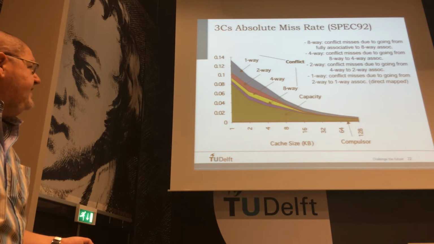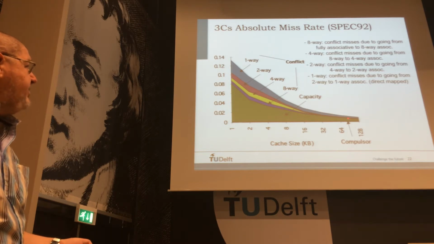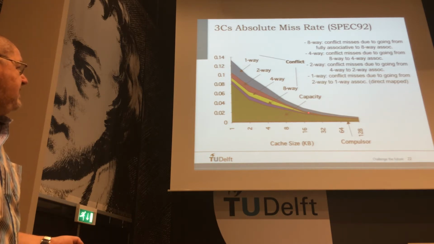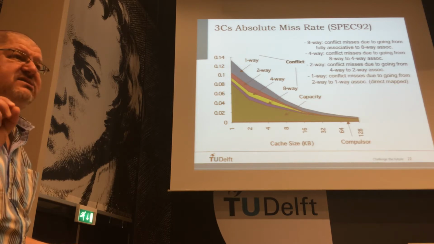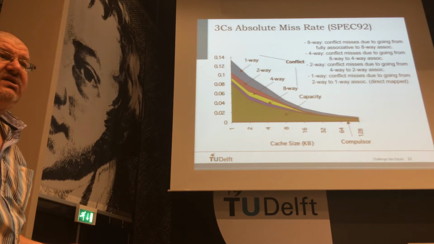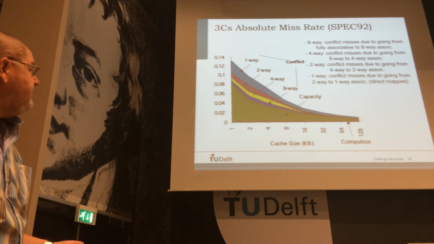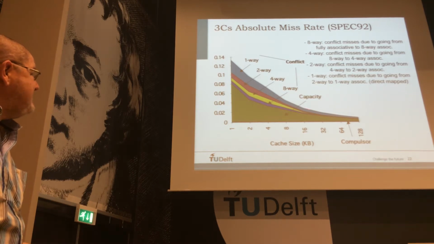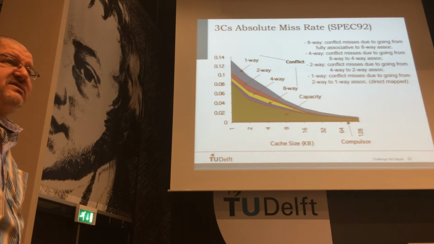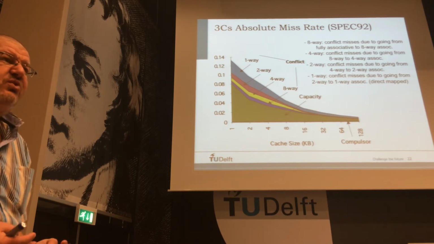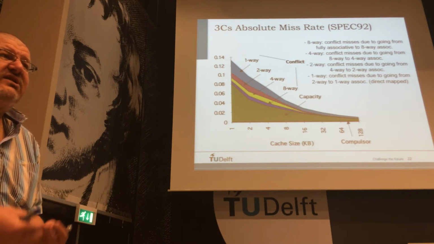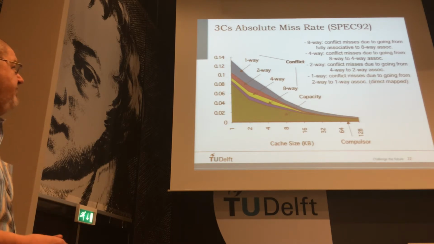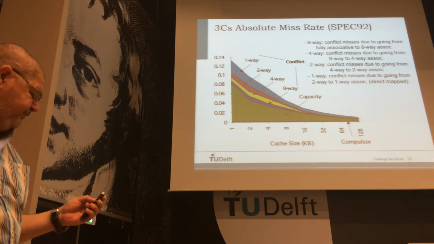And frankly speaking, if I have enough capacity, the conflicts are very low as long as I have at least 2-way associativity. You see that if I have a direct mapped cache, I still have things coming from conflicts because there is no freedom in replacement. But if the cache is large and I have at least 2 ways, the conflicts are kind of disappearing.